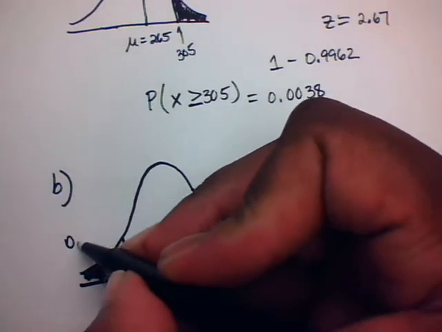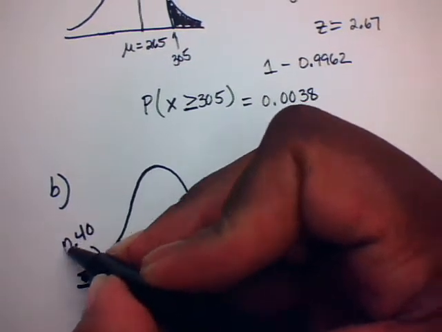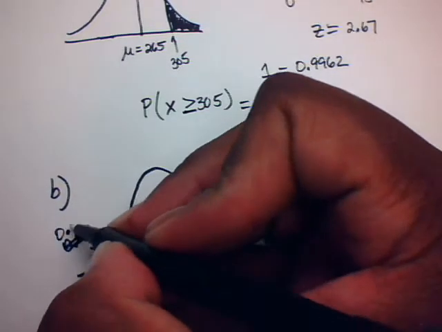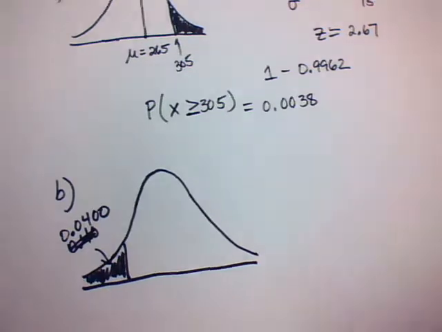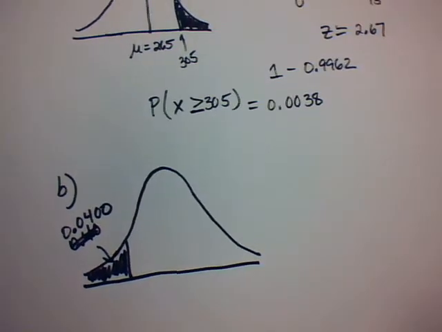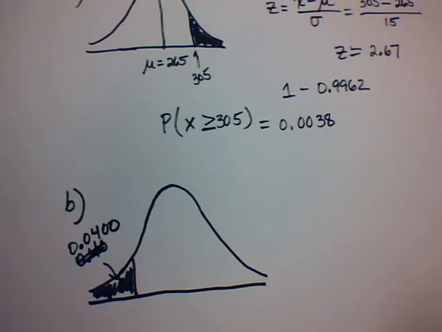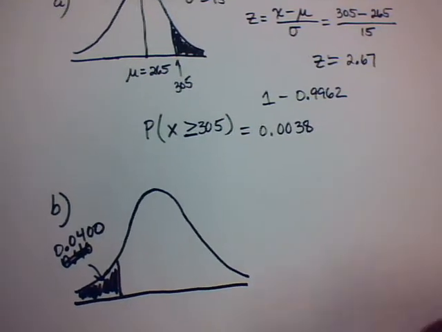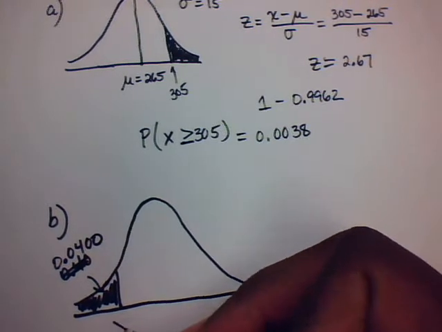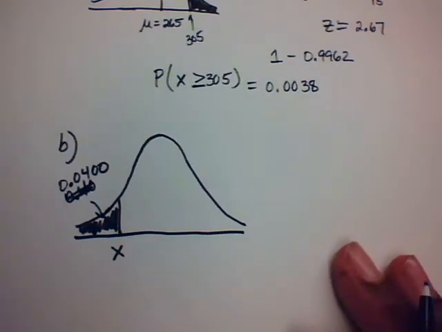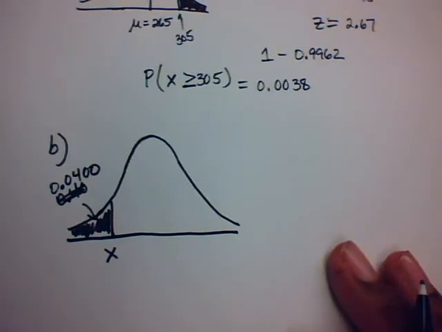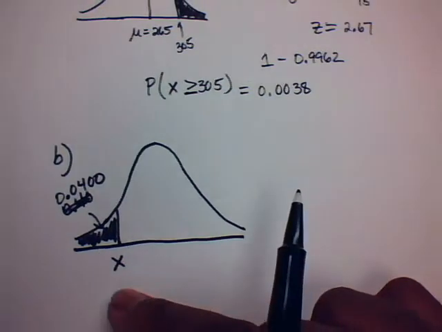Or as a decimal, 0.0400. That's 4%. Now we want to find the length that separates the premature babies from those who are not premature. So here, we're trying to find out what x is. Okay, so here we're finding the x value.